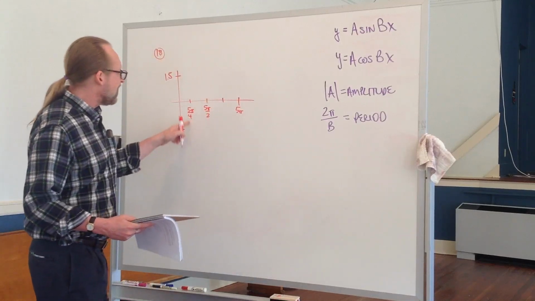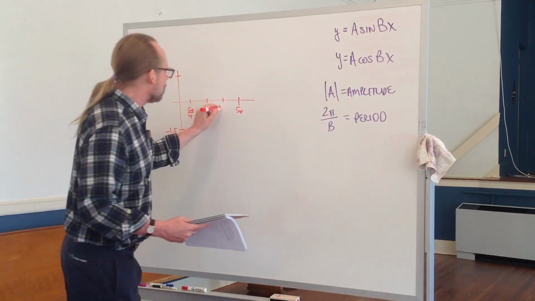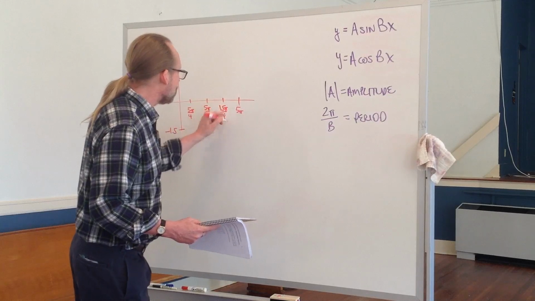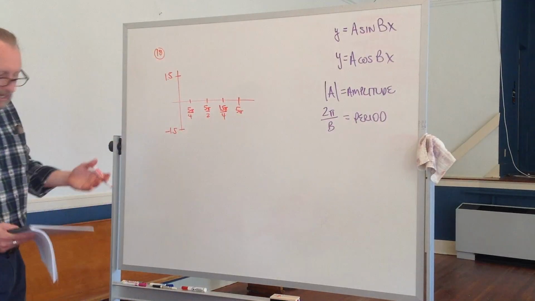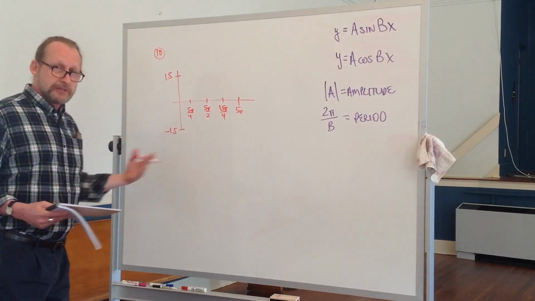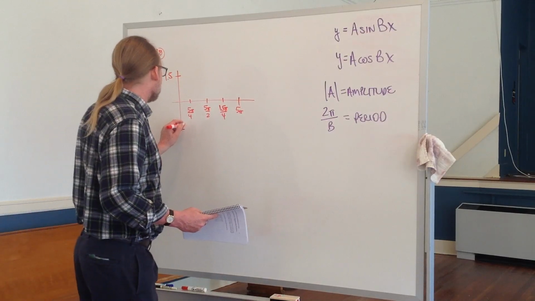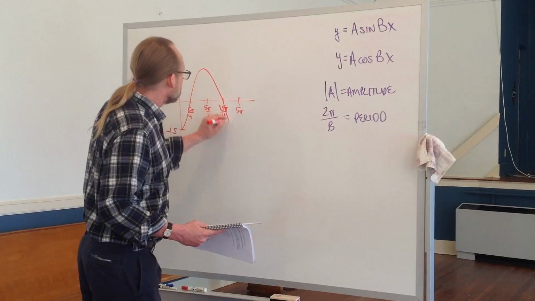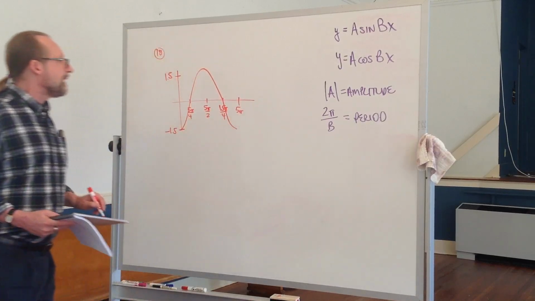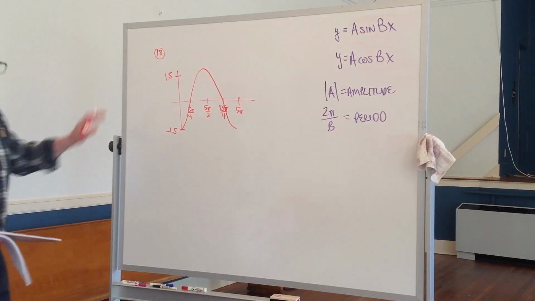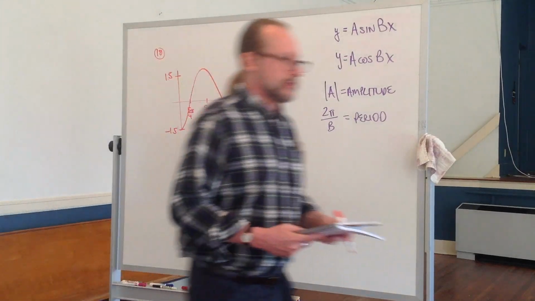And so this will be 5 pi over 4, 10 pi over 4, 15 pi over 4, and 20 pi over 4. I mean, they're labeled, but sometimes it can be helpful to practice that. And this one, we start at the minimum, go to 0, up to the maximum, back to 0, and back to the minimum. This is a negative cosine function.